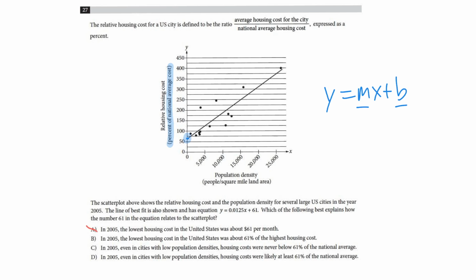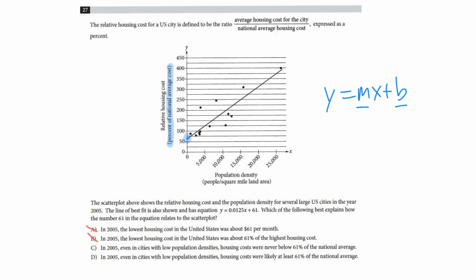B, in 2005, the lowest housing cost in the United States was about 61% of the highest housing cost. No, this is talking about percent relative to the national average, not the highest housing cost.